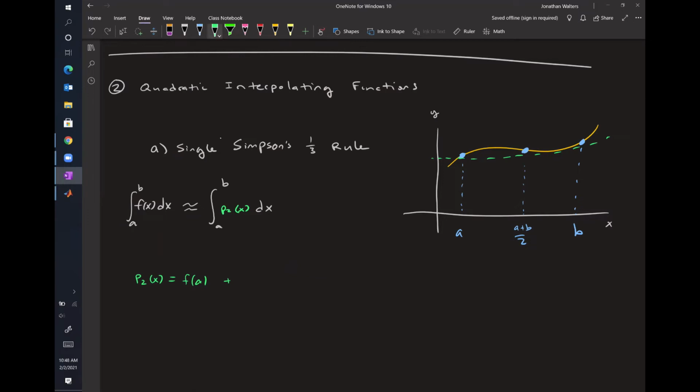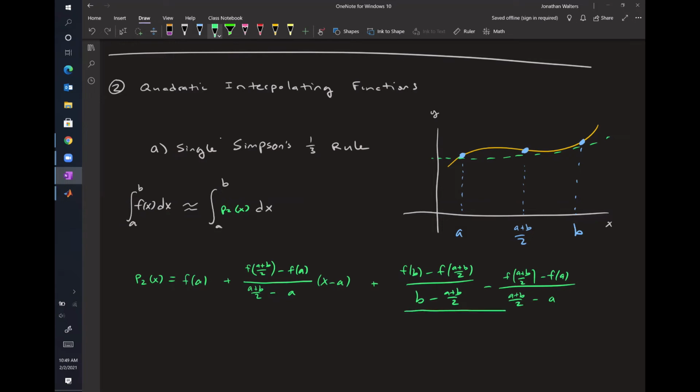Let me rethink this. F of a plus, the second one should be f of a plus b over 2 minus f of a over a plus b over 2 minus a times x minus a, plus f of b minus f of a plus b over 2 over b minus a plus b over 2, minus f of a plus b over 2 minus f of a over a plus b over 2 minus a, all over b minus a.